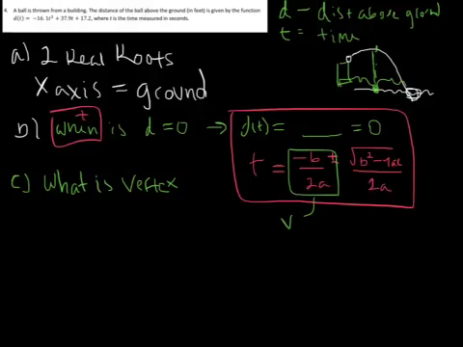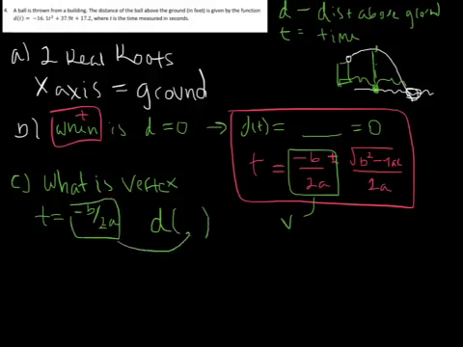So in finding our roots, we've actually already found where the vertex occurs. So the time value where the vertex occurs is negative b over 2a. We've already found that. And then to figure out what the vertex is, well, we will plug this into our function. So d of whatever it is that this happens to be will give us the value of our vertex.